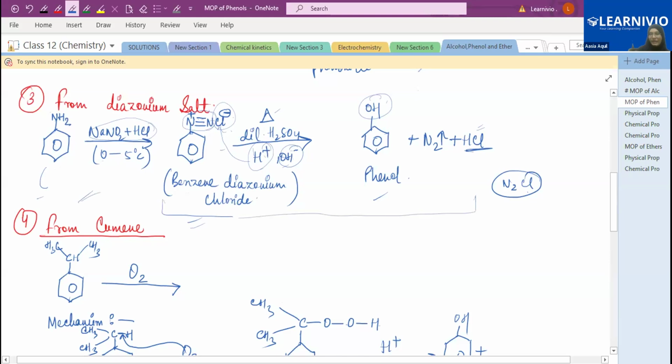Just add dilute H2SO4 to the diazonium salt and the N2 will be removed, because it's a good leaving group. The H plus will combine with chlorine to leave as HCl, and the OH group will attach to this carbon and give you a phenol.